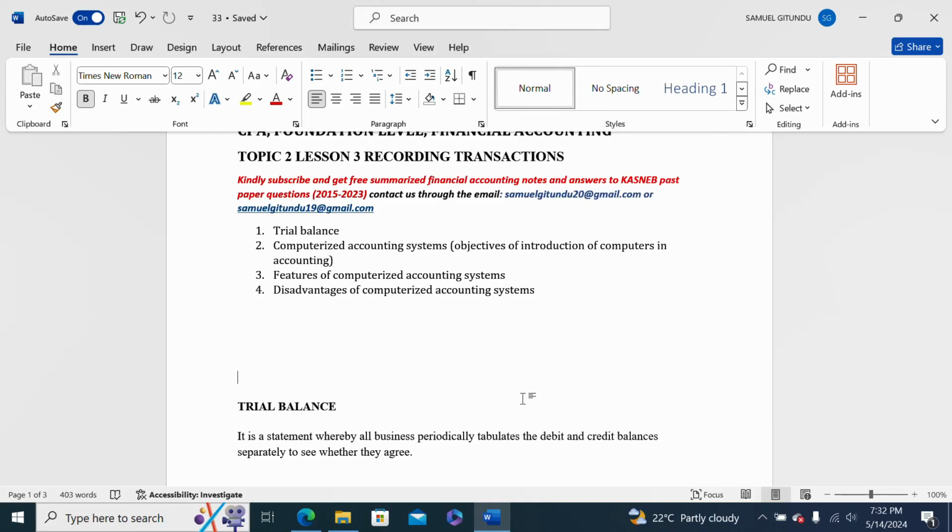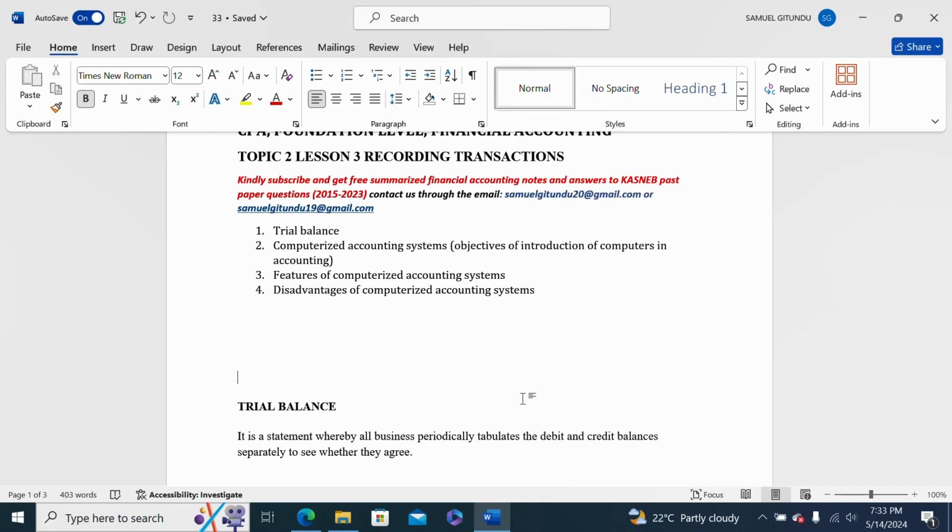For example, if a proprietor introduces capital to his business in the form of cash, then you're going to have an account called cash and an account called capital. In the cash account, you record the cash on the debit side, and in the capital account you will record the capital on the credit side.